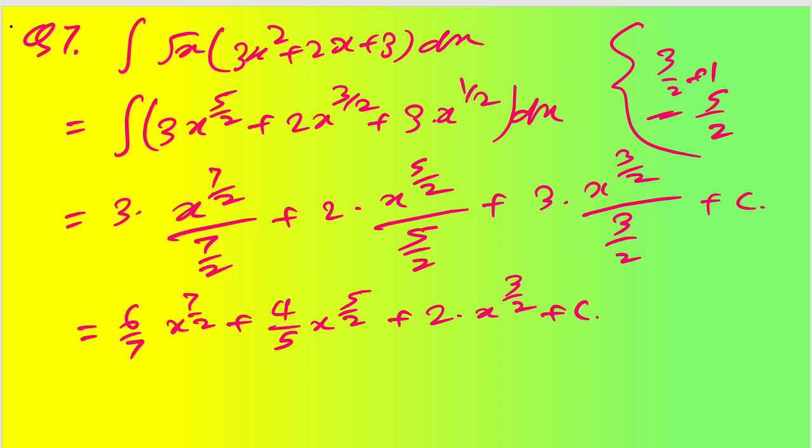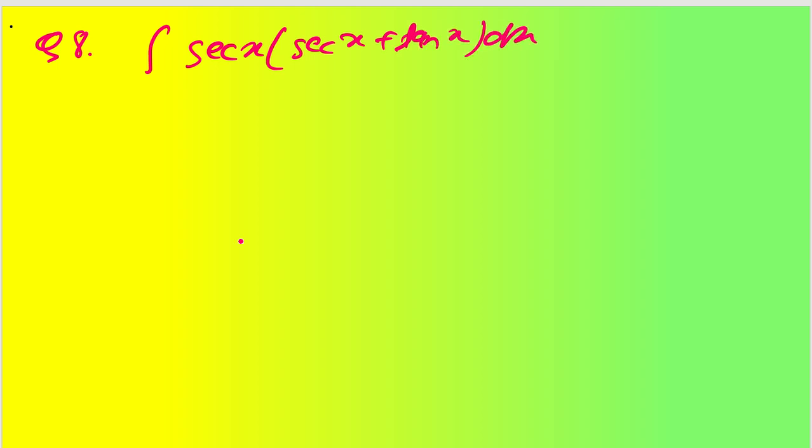Let us take one very beautiful question from trigonometry. Question number 8: integration of sec x into (sec x plus tan x). We can integrate this by first multiplying inside.